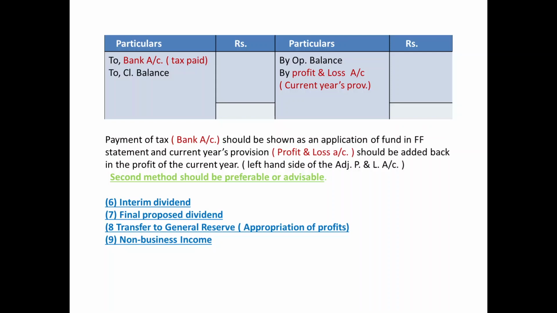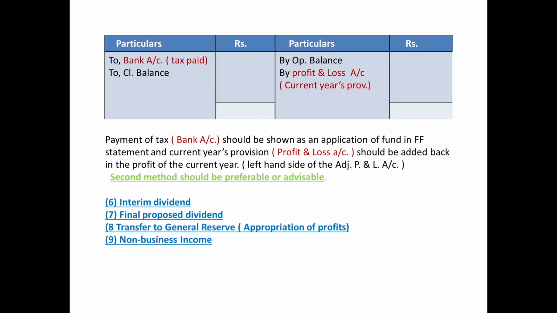These two lines: last year's proposed dividend would have been paid in the current year, and the current year's proposed dividend will be paid in the next year. So the current year's proposal, as a non-cash item, as a non-operating item, will be added back by giving the reverse impact in the adjusted profit and loss account, left hand side, plus side.